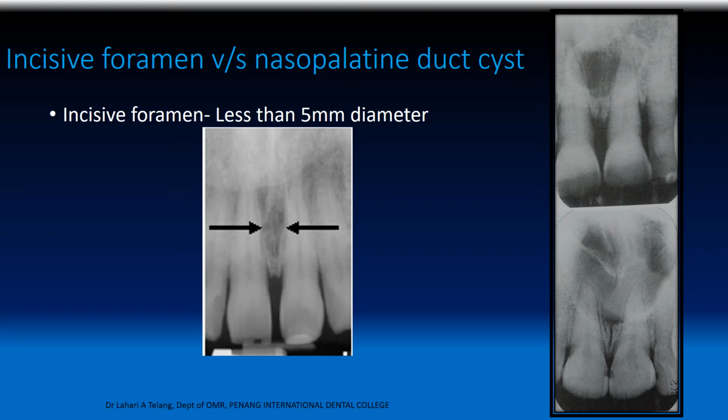In this image, you can see a very large cyst in the maxillary anterior region with a nice sclerotic margin. Nasopalatine duct cyst is actually a soft tissue cyst which involves the bone and creates a radiolucency in the maxillary anterior region, typically arising from the incisive foramen area.